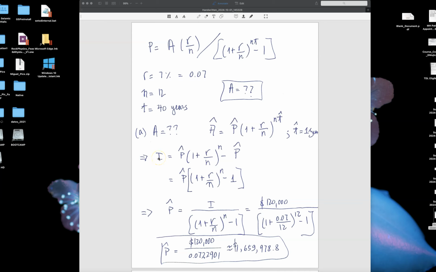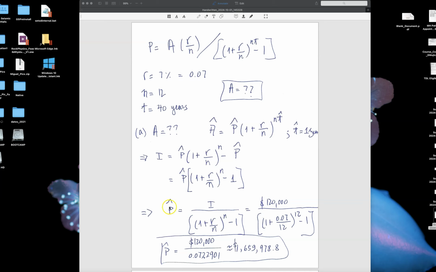We know the interest because it is $120,000. We know the rate is 7%, and we know the number of compounding periods is 12. So from this equation, I'm going to solve for P hat.